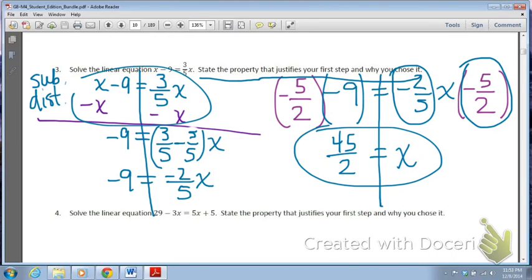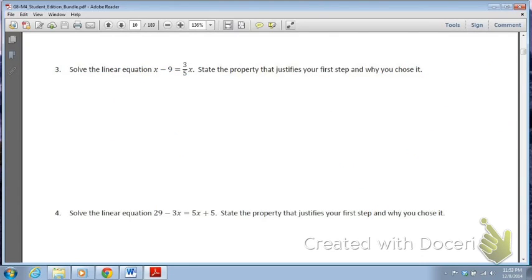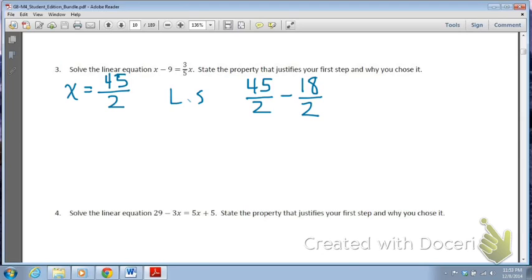To do so, I need some more room here. So we had x was equal to 45 halves, or 45/2. So the left side of this equation would be 45/2 minus 9, which I want to write with a common denominator, so that would be 18/2.